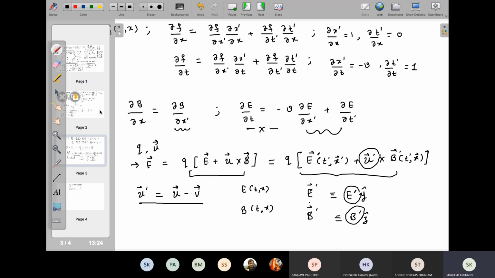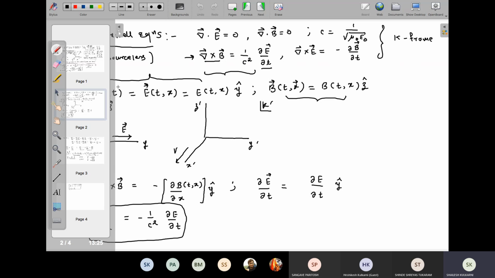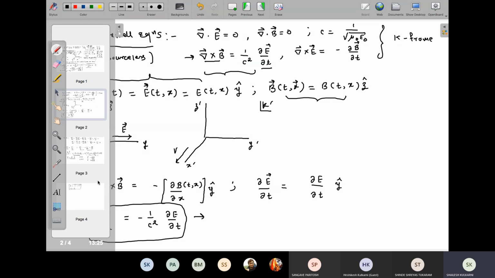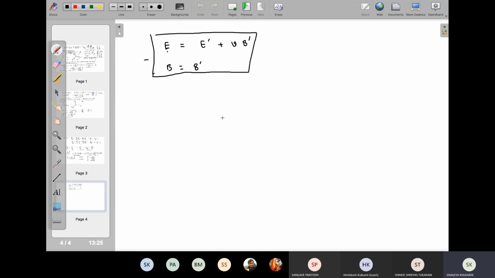What was our starting equation? This was our starting equation, right? You will see that this equation will not preserve its form. You will generate some terms which are higher derivatives, for example terms like this.